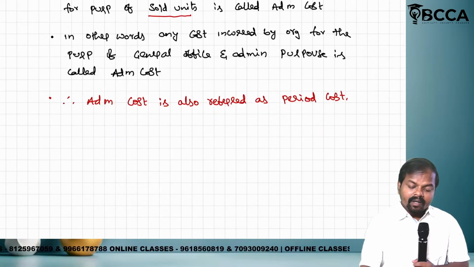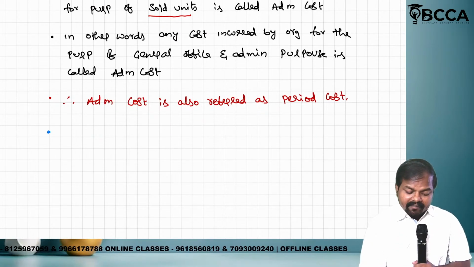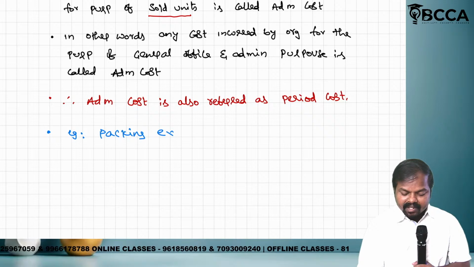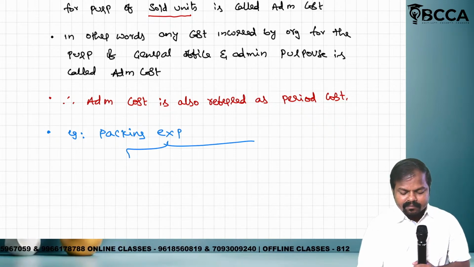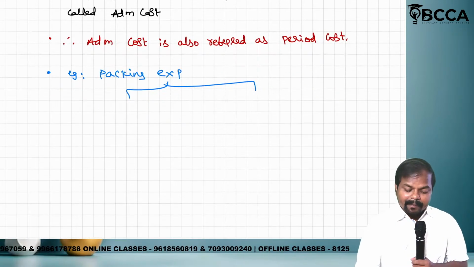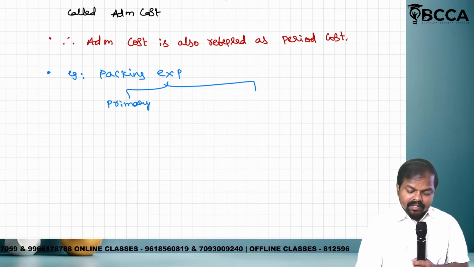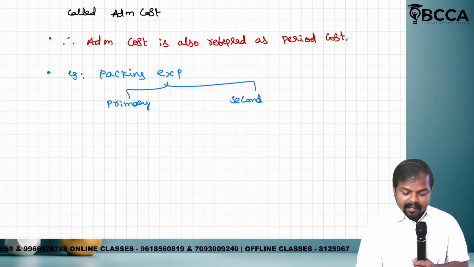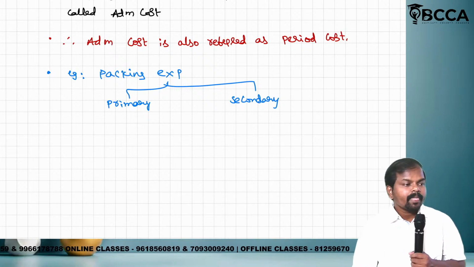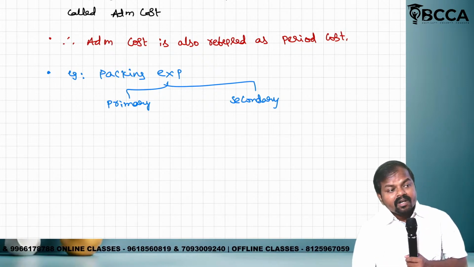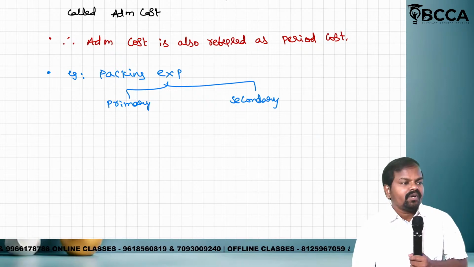I told you in the previous class about packing expense. Packing expense has two types: primary packing and secondary packing. Primary packing means for the purpose of manufacture, and secondary packing means for the purpose of sold.